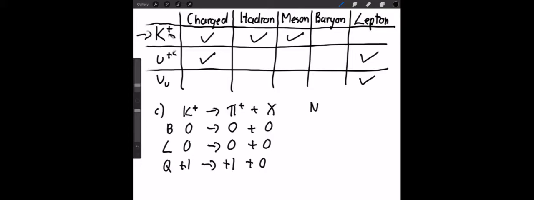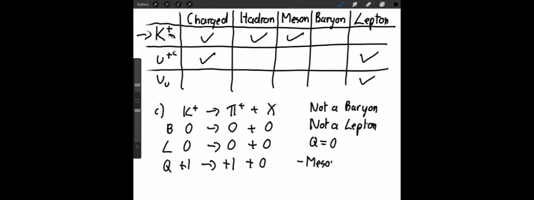So we can say not a baryon, can't be a lepton either, and its charge must equal 0. So it must be a meson, it's the only particle left that we can have, and a meson with a charge of 0, that would be our pi 0 particle, which is our answer.